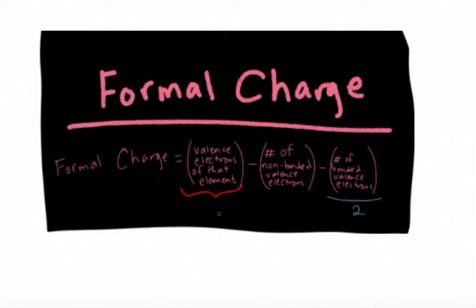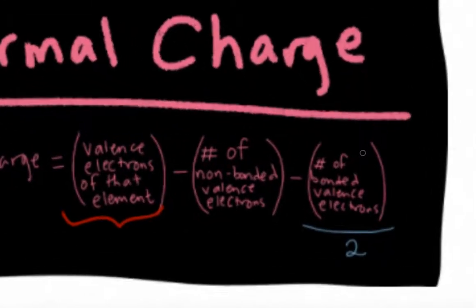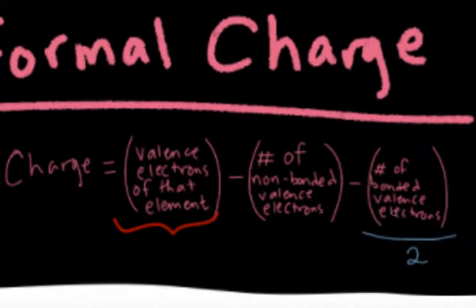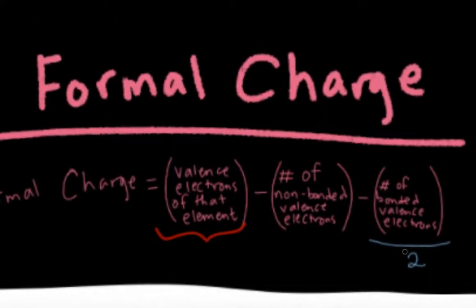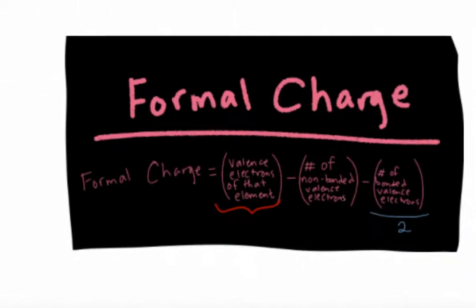You look at the periodic table to see what group it's in, and then minus the number of non-bonded valence electrons. When you're looking at the structure, you count the electrons that are not bonded, and then minus the number of bonded valence electrons, and then divide that number by 2. That entire thing equals your formal charge.